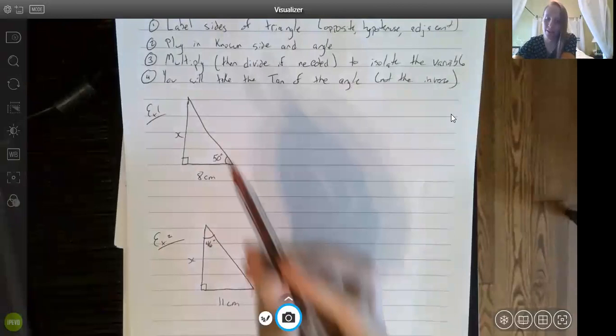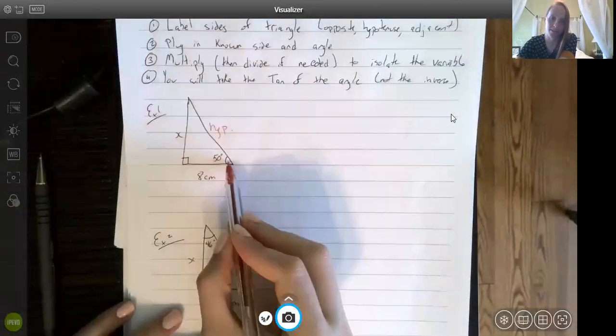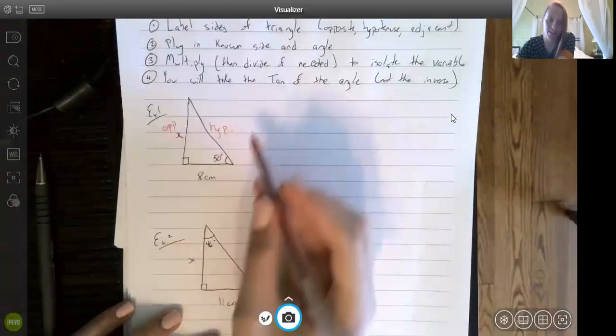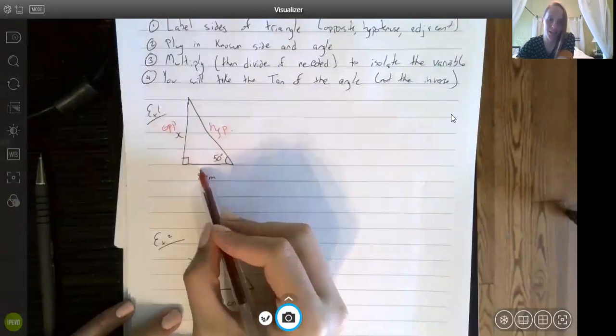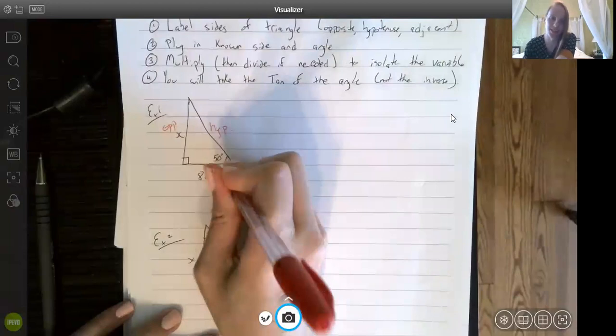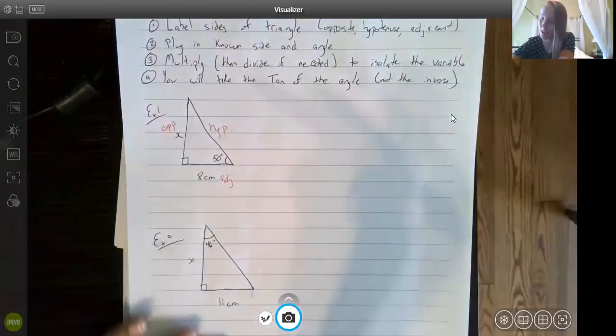Across from the right angle is our hypotenuse. Across from the angle that we're dealing with is our opposite side. And then the other side, which is beside the angle that we're dealing with, but not the hypotenuse, is our adjacent side. Then we're going to use the same formula that we used yesterday.